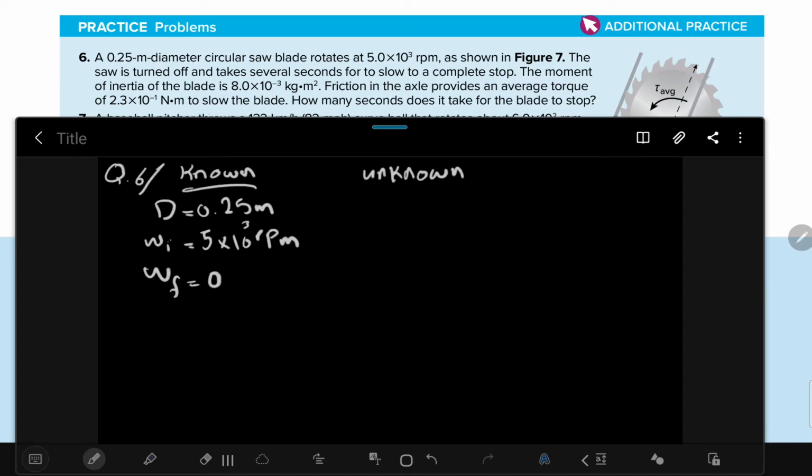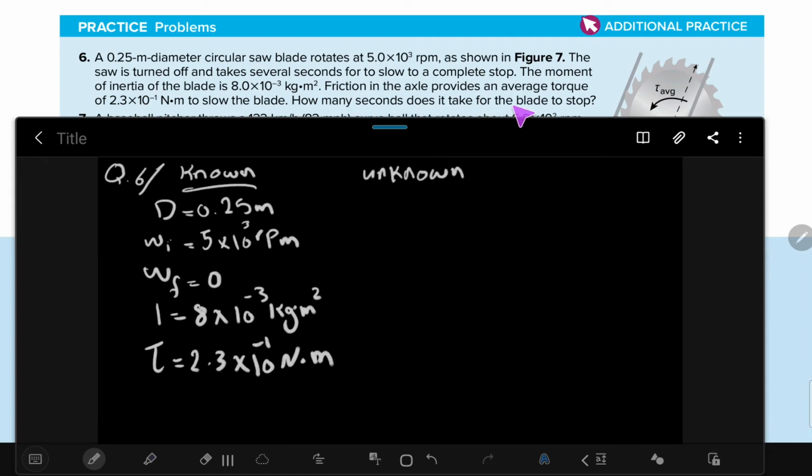The moment of inertia of the blade, which is I, is equal to 8 times 10 to power minus 3 kilogram meter square. Here we have the average torque, so the torque is equal to 2.3 times 10 to power minus 1 Newton meter.